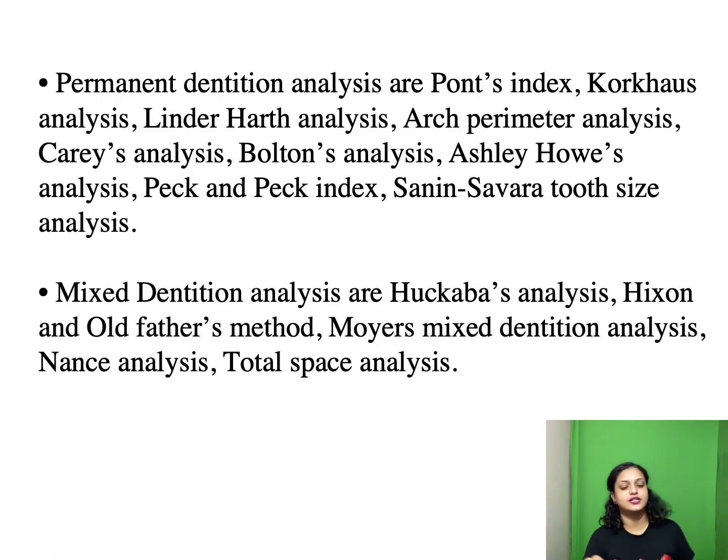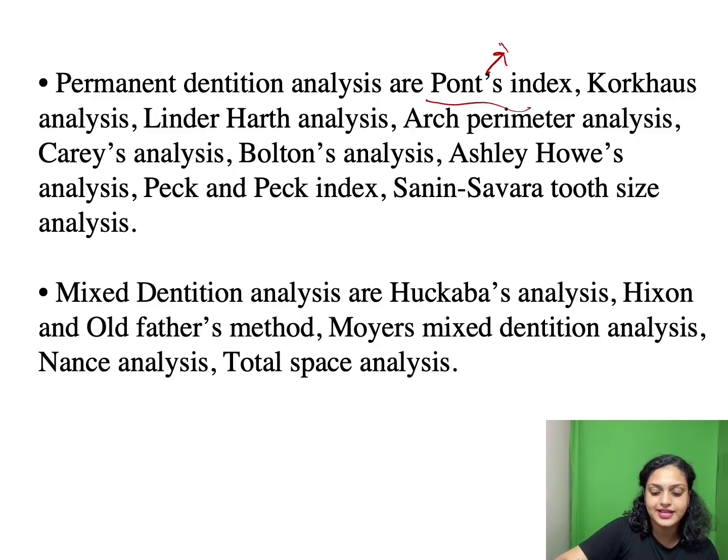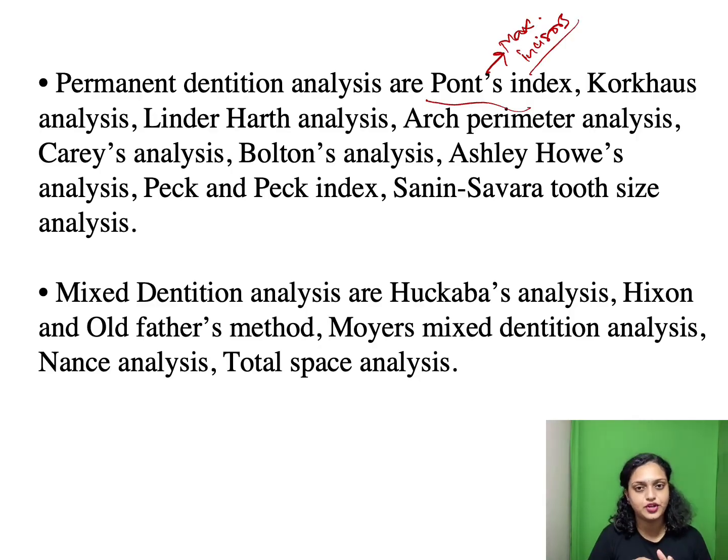To sum up everything, they might ask you an MCQ: which of the following is a mixed dentition analysis, which of the following is a permanent dentition analysis. So you need to remember these names. Pond's index is based on maxillary incisors. They measure the width of the incisors and find out if the arch can be expanded or not.